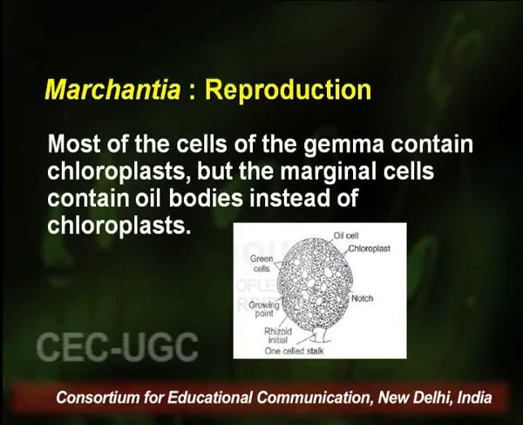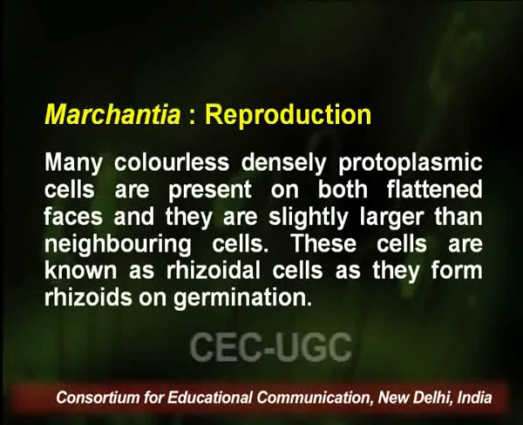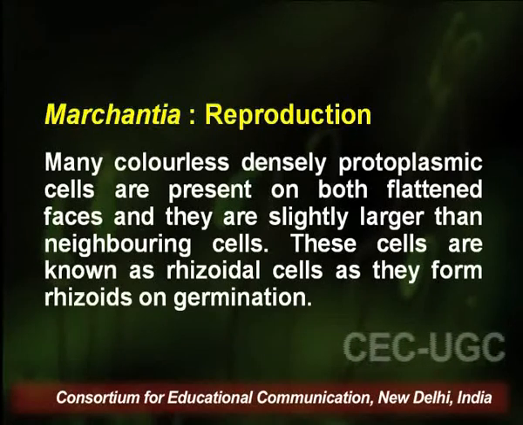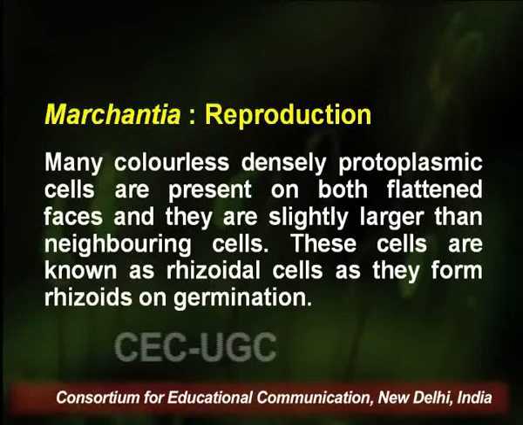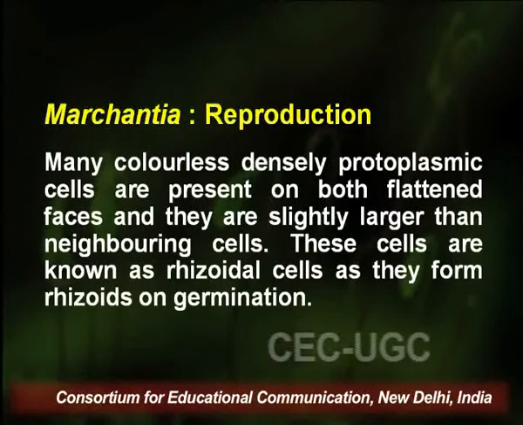of these gemmae. Many colorless and densely protoplasmic cells are present on both flattened faces, and they are slightly larger than neighboring cells. These cells are known as rhizoidal cells as they form rhizoids on germination. Some club-shaped hairs present on the floor of the gemma cup secrete mucilage.